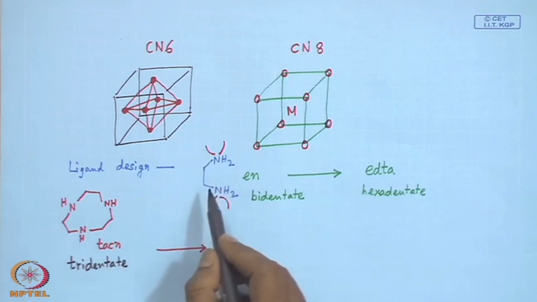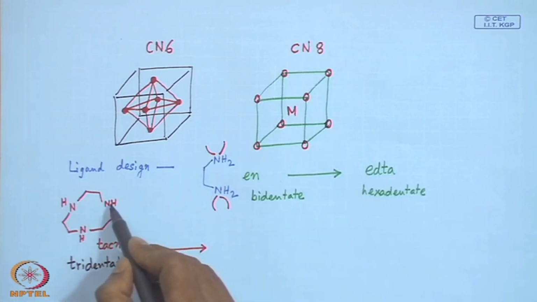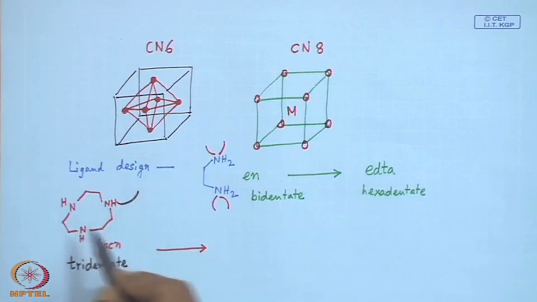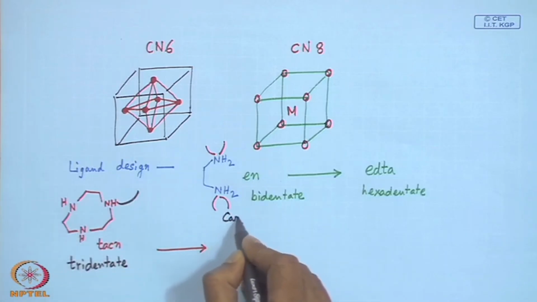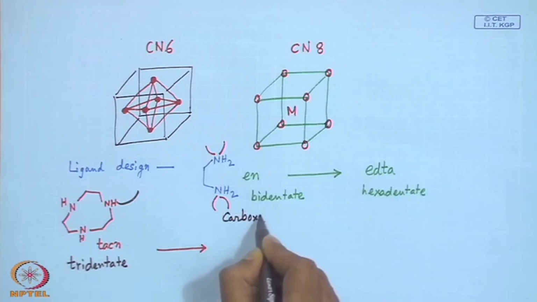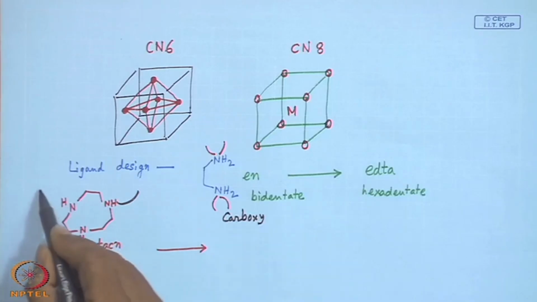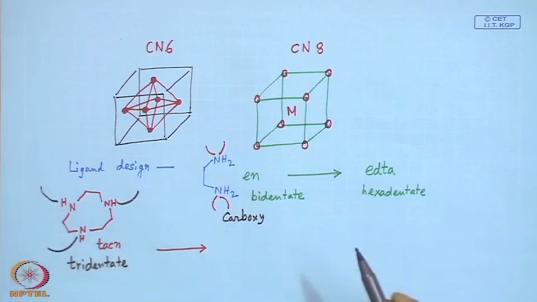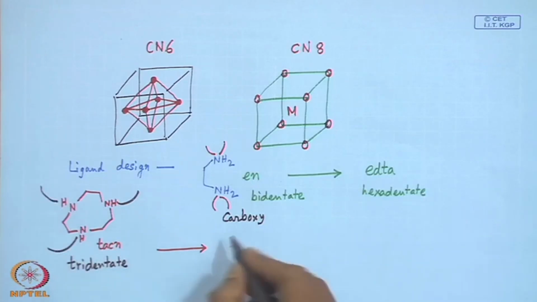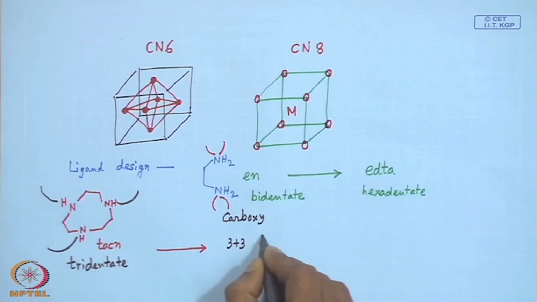In the same way, we can derivatize it by substituting the NH groups with one carboxy arm, then another carboxy arm, because these arms are carboxy. Similarly, one arm from here, and we can put another arm from here. So the tridentate ligand can again become 3 plus 3, meaning hexadentate.